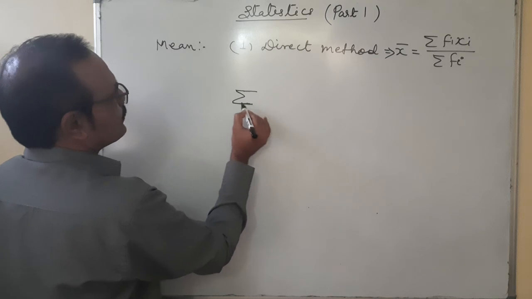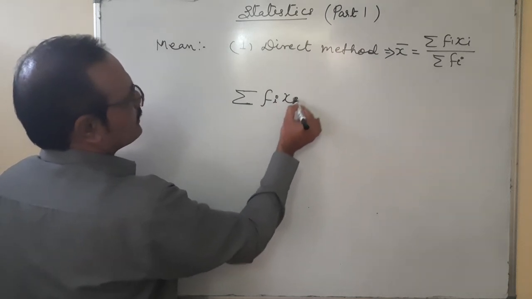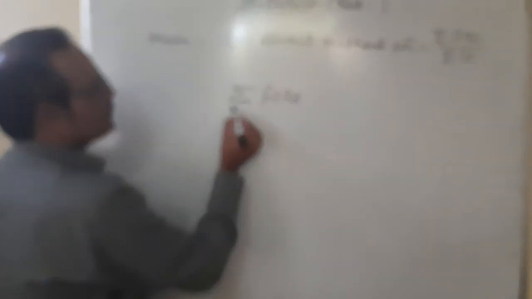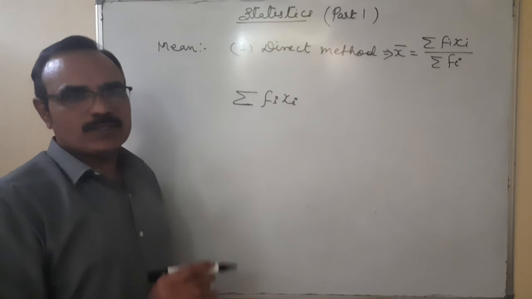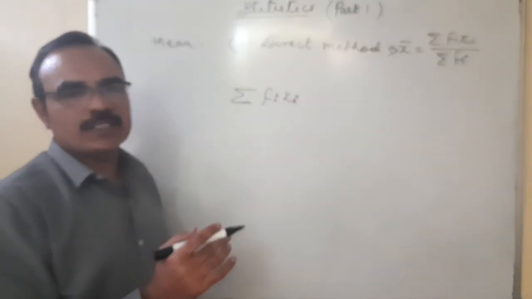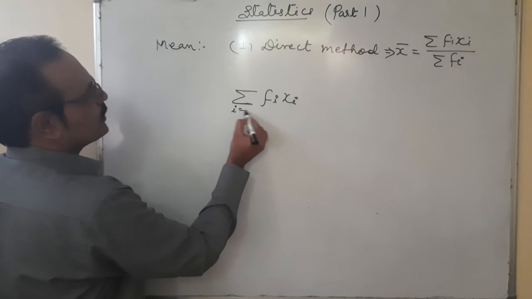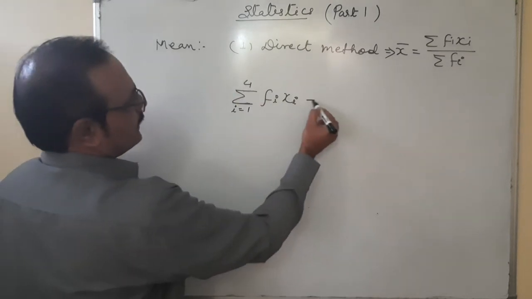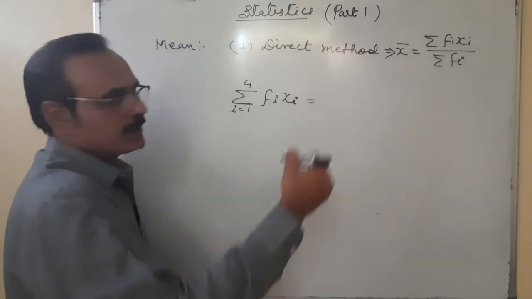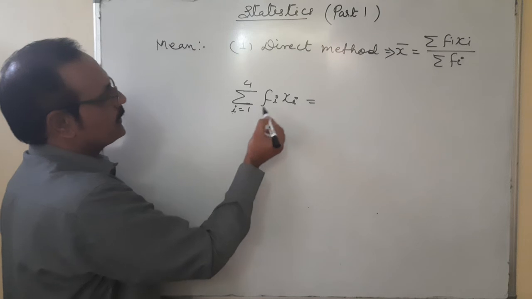This is a sigma. If I write here fi xi, what is the meaning of this term? In mathematics, this term is known as a summation. Summation, what does it mean? Sum of all the terms. Suppose I write here summation i is equal to 1 to 4 fi xi. If you elaborate it, in place of i you start writing 1, 2, 3 and 4.